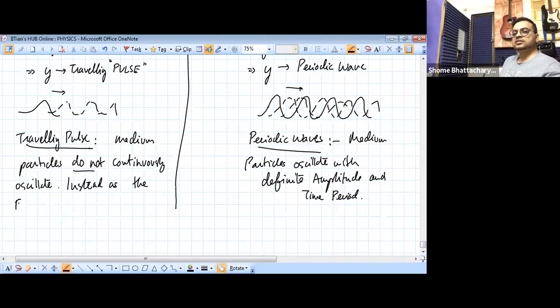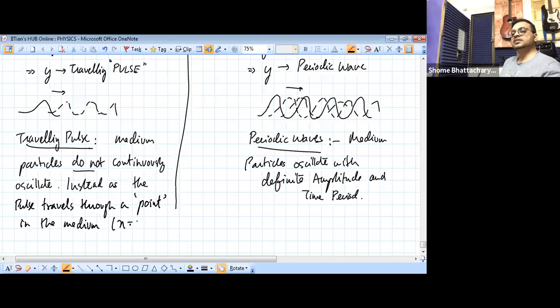So as the pulse travels through a point in the medium, a point will be designated by a certain x coordinate.